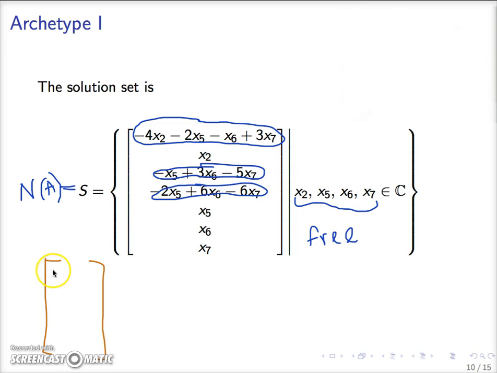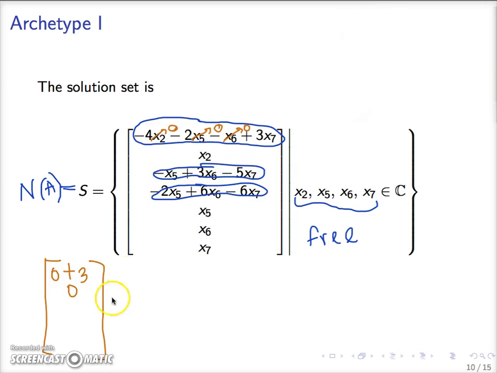If x2 is 0, then that is 0. If x5 is 0, 2 times 0 is 0. If x6 is 0, then this would be minus 0. So you have 0 minus 0 minus 0 minus 0, so 0 plus 3.